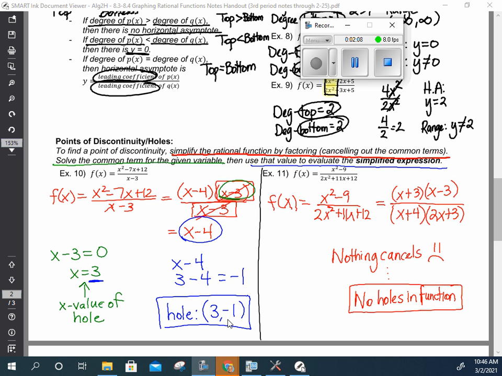That will tell you what the hole of the function is. Obviously, if nothing cancels out, then you don't have any holes. So that's a quick overview of what we did on Thursday. Now we're going to get into actually doing the work.